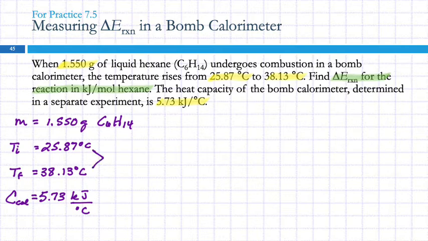So by looking at these two, we can find that delta T is equal to 38.13 minus 25.87, or 12.26 degrees Celsius.